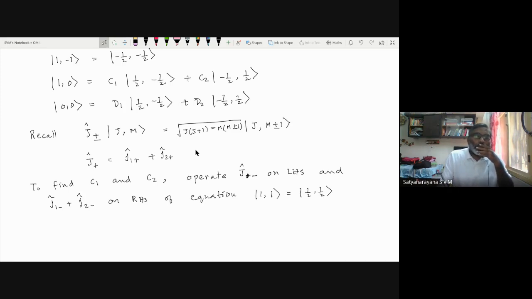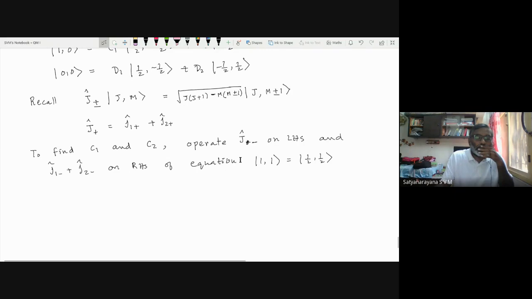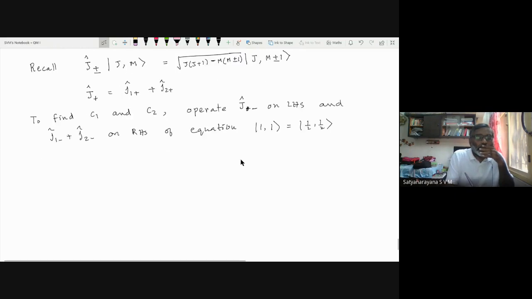Okay, so on this equation, left hand side you put J minus, right hand side you put J1 minus and J2 minus.